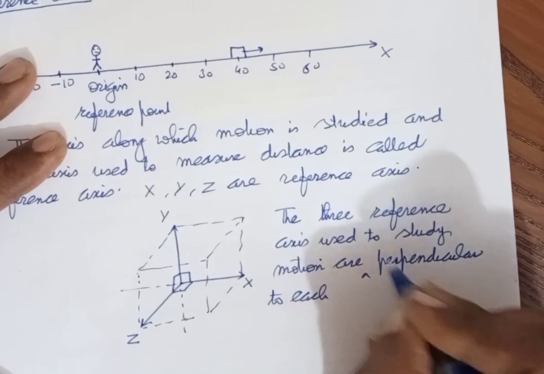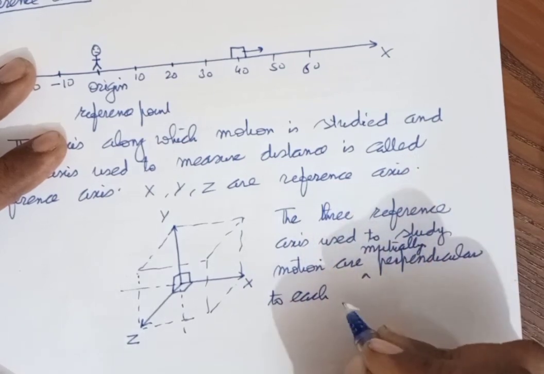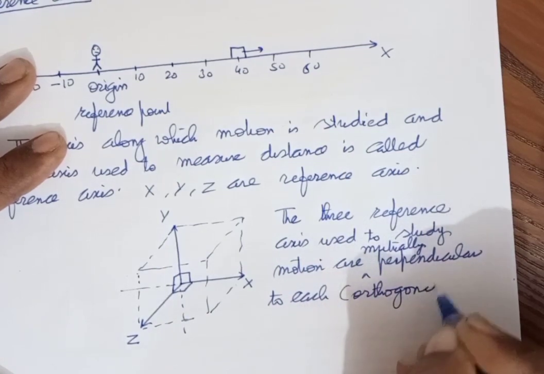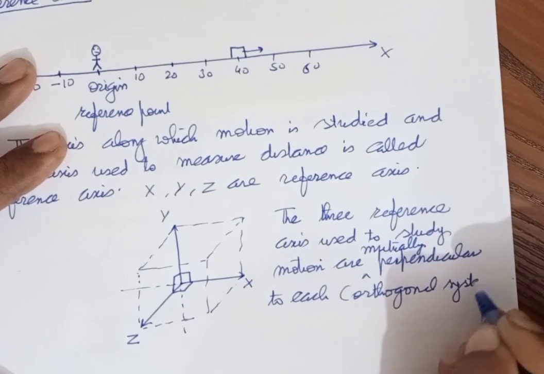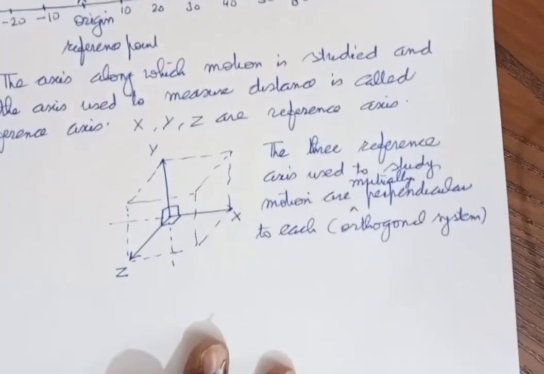Better say these are mutually perpendicular. Mutually perpendicular to each other, that is orthogonal system.